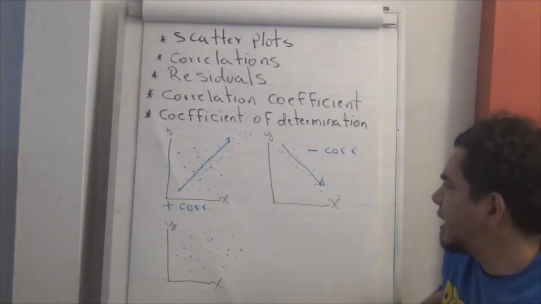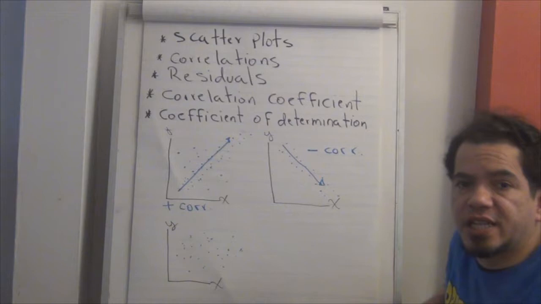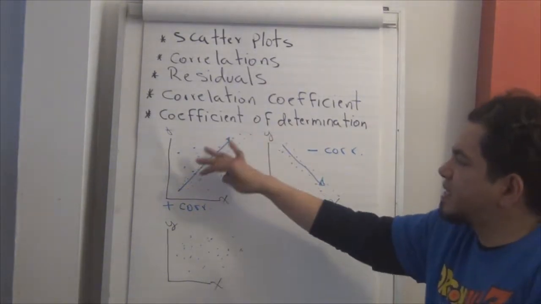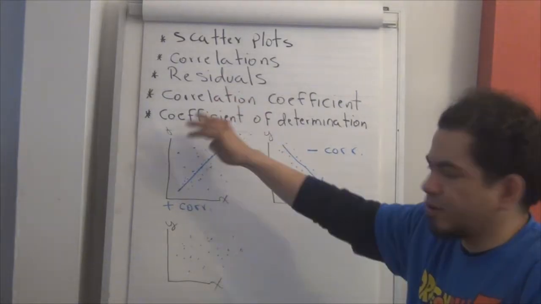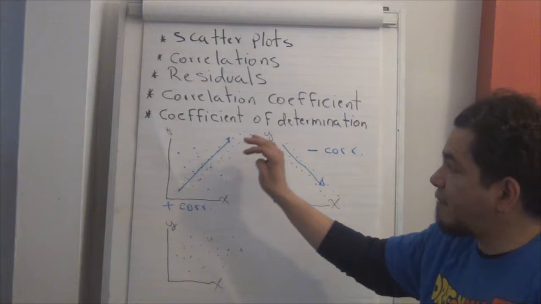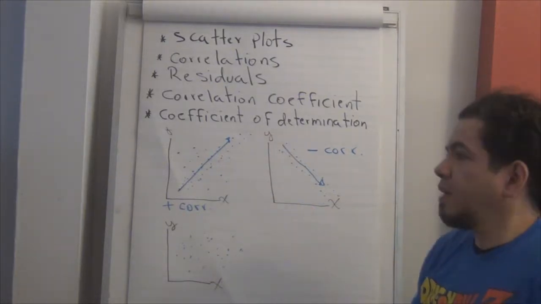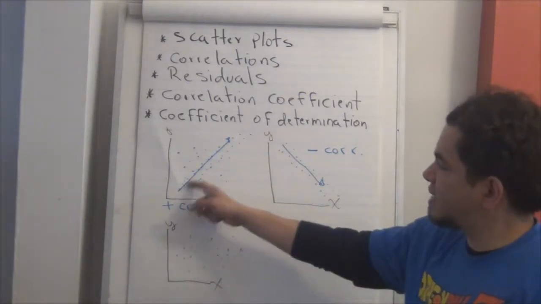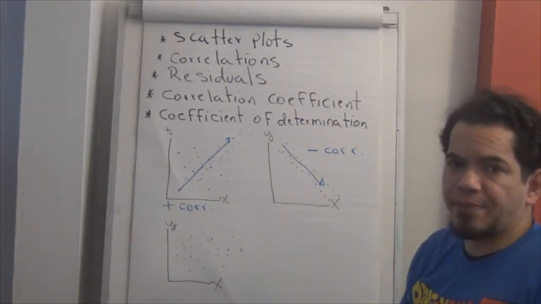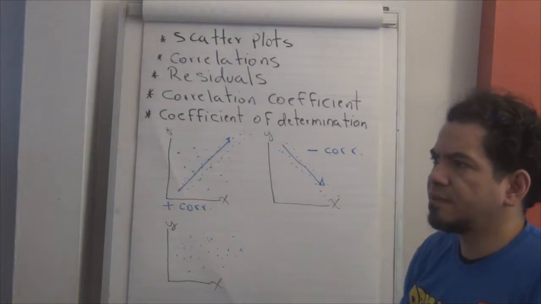By the way, correlation doesn't mean that they are related. Correlation is just that there is a relationship between the two variables, the x and the y. But that doesn't mean that because they have a relationship, one causes the other. Let's say I sold more apples and all of a sudden the stock market went up.